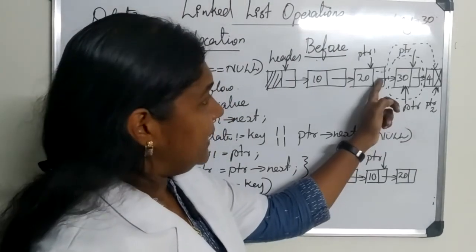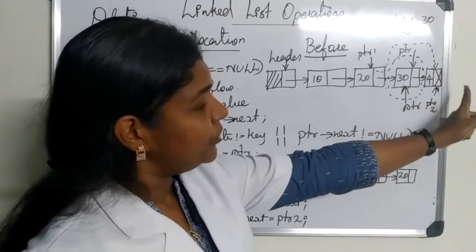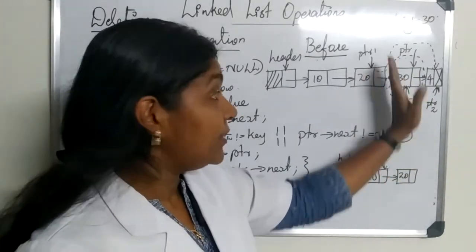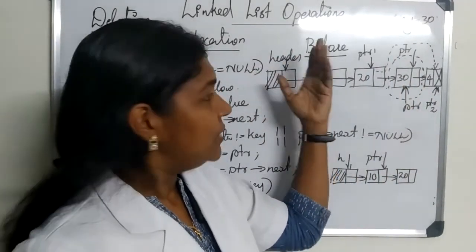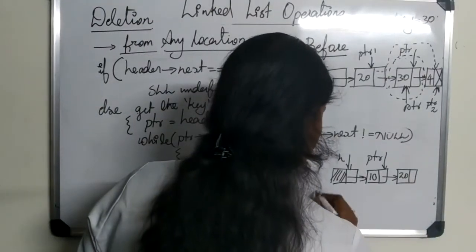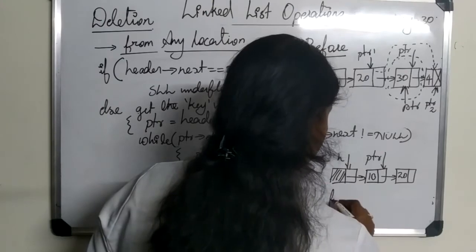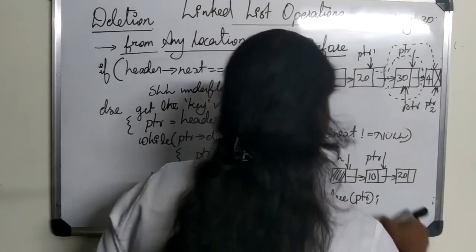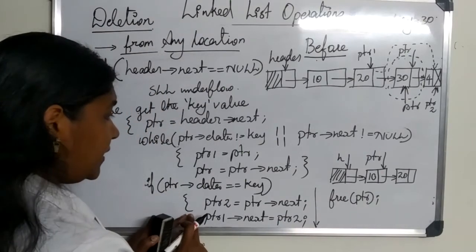So right now the link part of ptr1 is pointing to ptr2 and ptr no longer becomes a part of our existing linked list. So we can free up that memory. So after this part we can provide free of ptr.